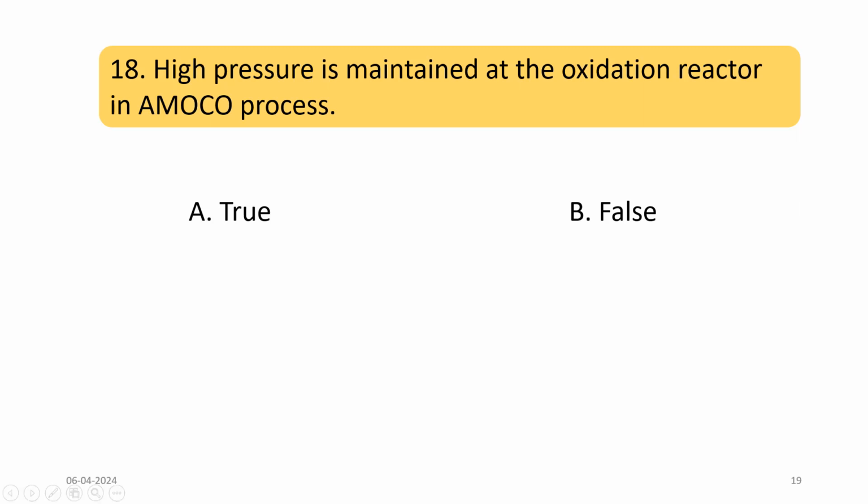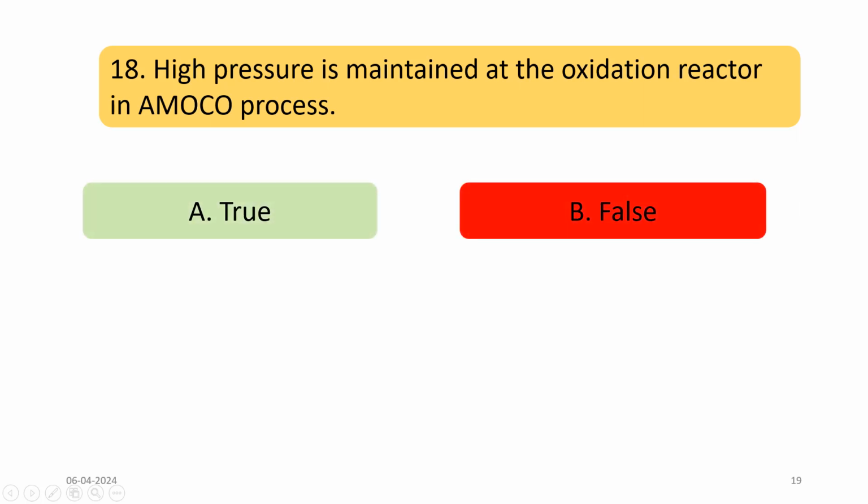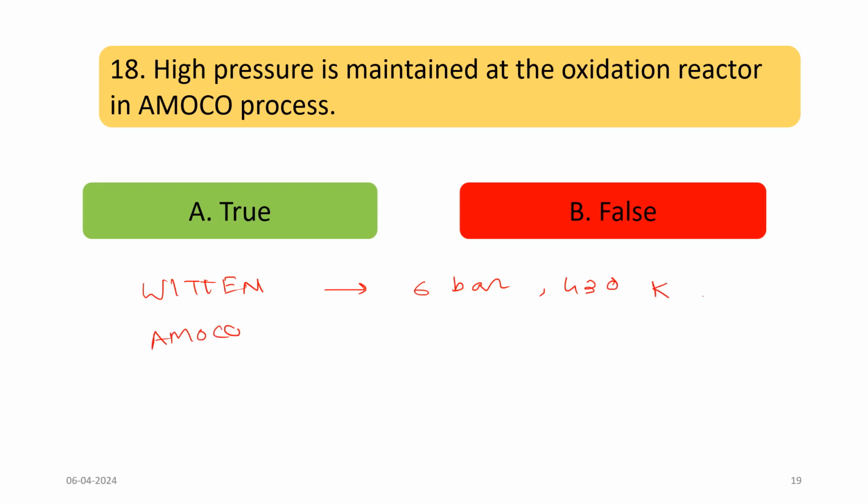The answer is true, because in the Witten process the pressure is 6 bar and the temperature is 430 Kelvin, and in the Amoco process the pressure is 25 bar and the temperature is 470 Kelvin. So high pressure is maintained at the oxidation reactor.